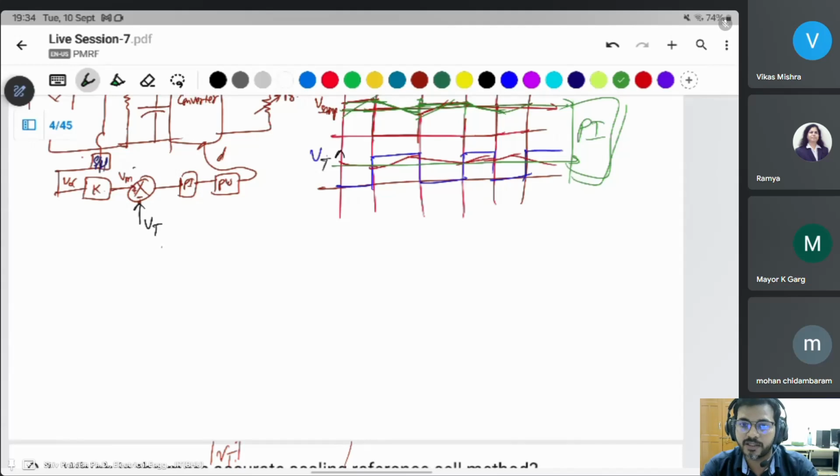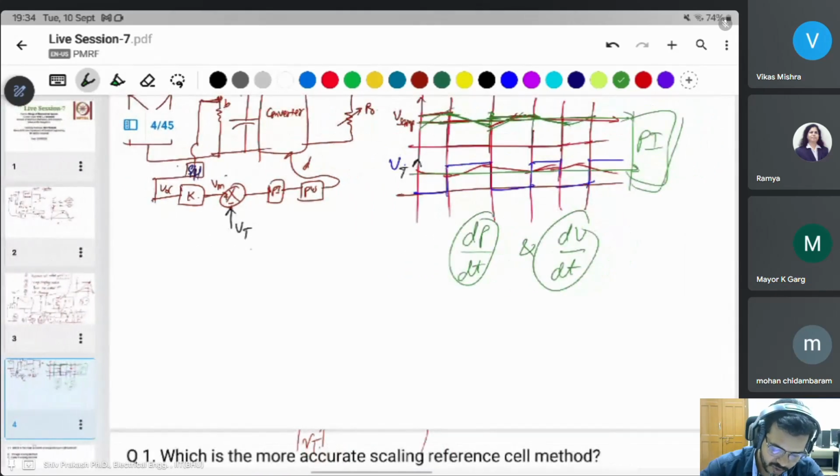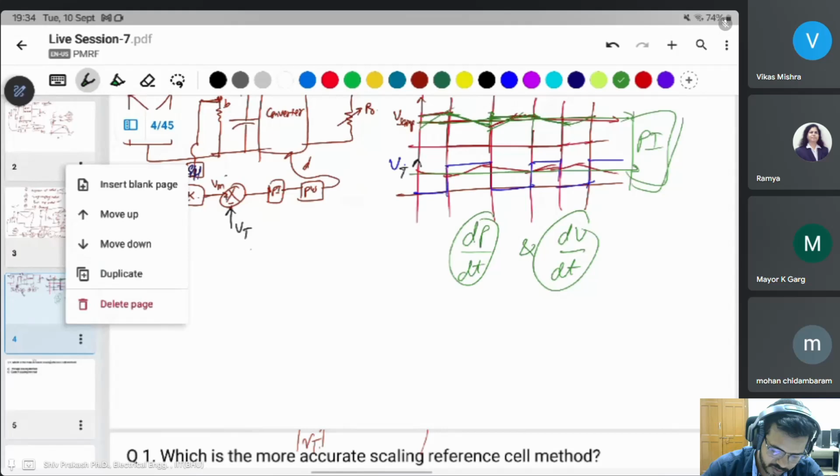Then what is the difference? dp by dt and dv by dt, the changes of power and changes in voltage. Then you can say where the waveform is going. Then use the duty cycle to step up or step down.